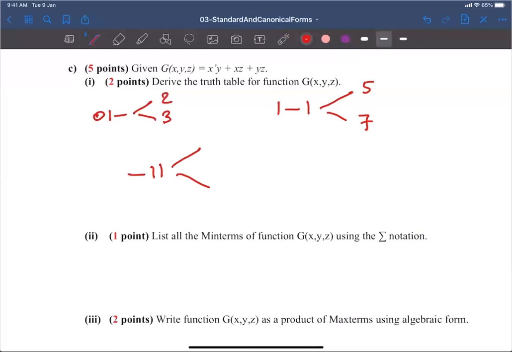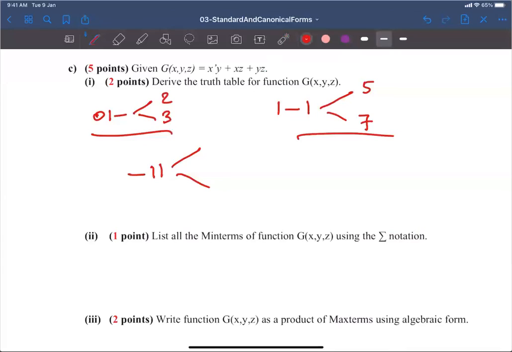By the way, we don't have to do this. If you remember the consensus theorem, this term is redundant, so we don't have to do it. But let's do it. In canonical forms, you'll find that this is repeated. It is going to show up in one of these two indices.